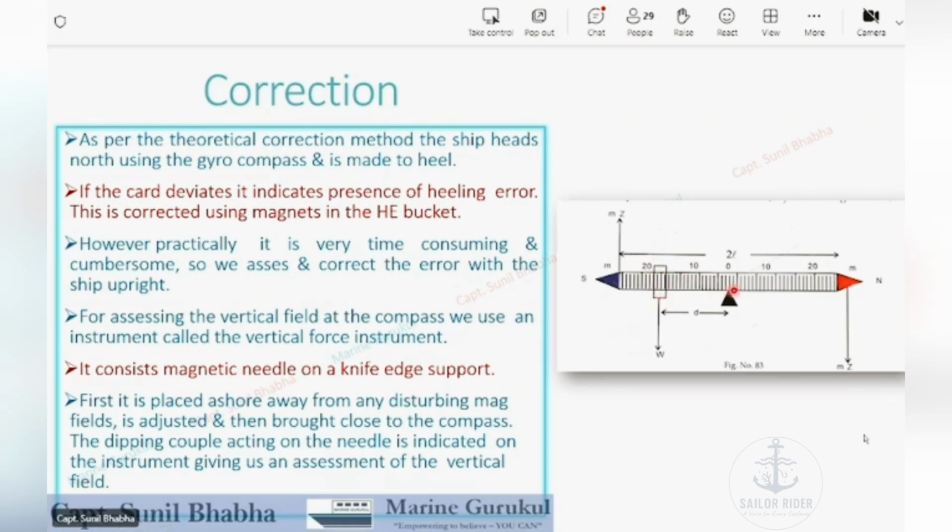So what is done is, let us assume that we were in the northern hemisphere, and this red end of the needle has gone vertically downwards. This is pointing downwards in the direction of magnetic field line. The blue end has gone upwards. So this weight is initially placed exactly on top of the support, and as soon as the needle stabilizes with the blue end pointing upwards and red pointing downwards, we slide this weight to the high side.